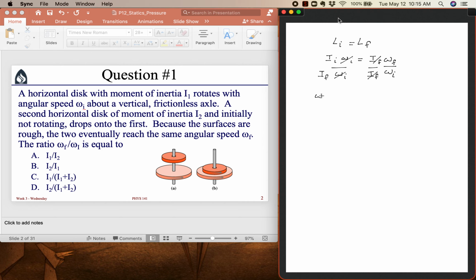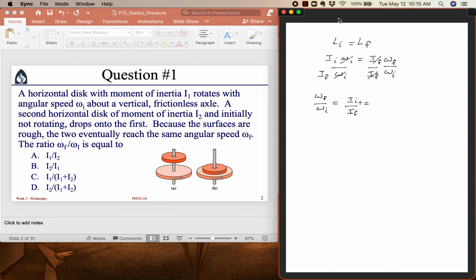So the ratio of the final angular velocity to the initial angular velocity is equal to the initial moment of inertia divided by the final moment of inertia.